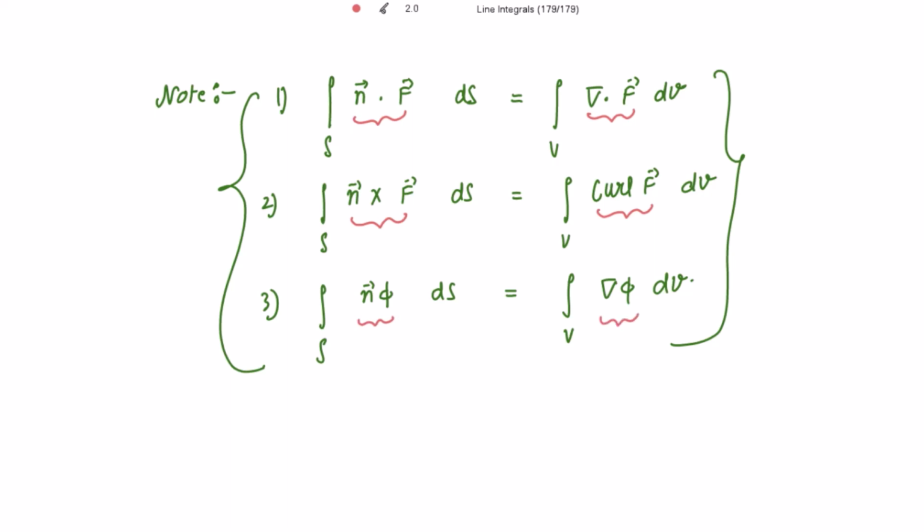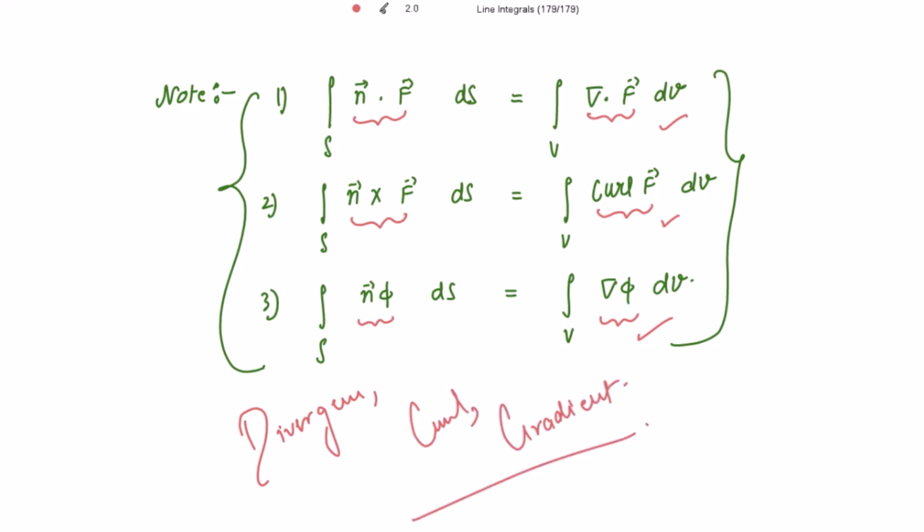So these are now very easy to remember. For the dot product, we have divergence. For the cross product, we have the curl. For the normal product, we have the grad. So these three results cover the divergence, curl, and gradient. Alright, thank you.